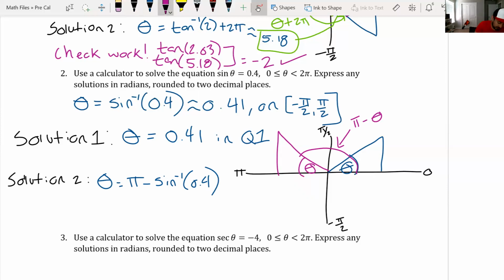So if I do pi minus the inverse sine of 0.4, yep, I get 2.73, which is this angle right there.